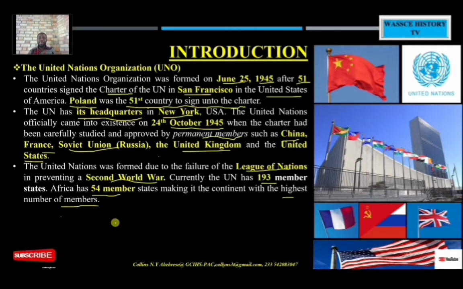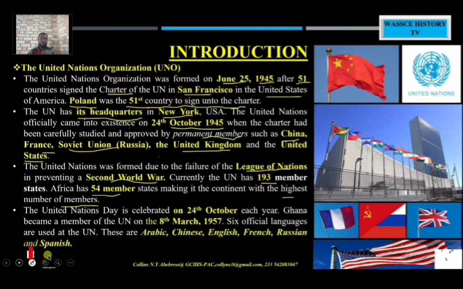As of today, the UN has 193 member states. All right, good. So the UN's Nations Day is celebrated in October. We said that it was formed on 25th June 1945. It was on this date that the charter was formed.